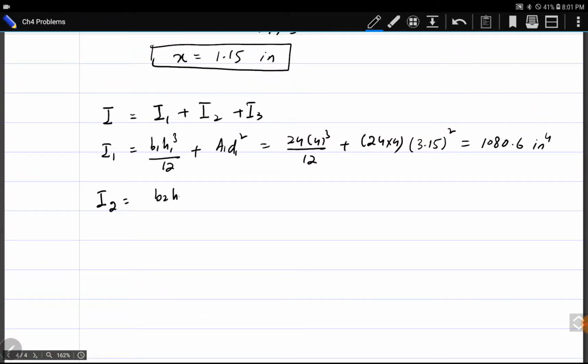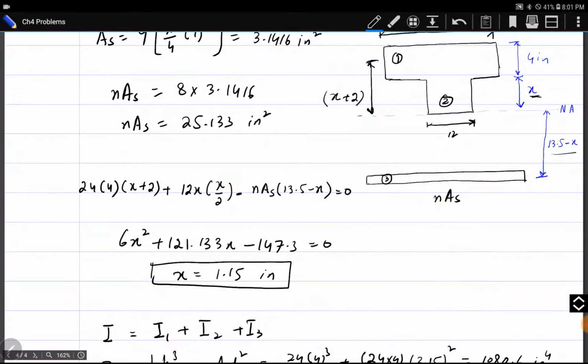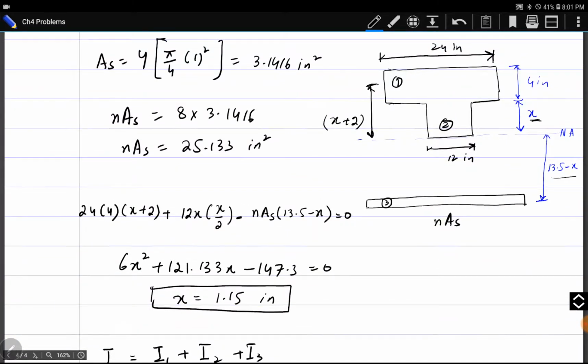I2 is B2 H2 cube divided by 12 plus A2 D2 square. So B2, width of section 2 is 12 inches. Height of section 2 is x, which is 1.15 inches.